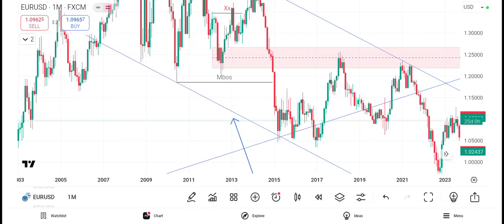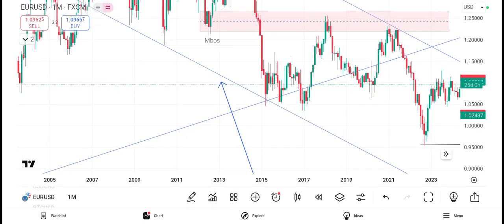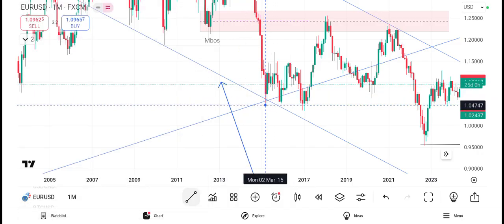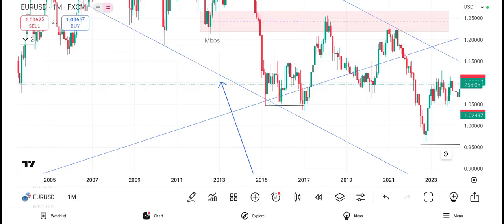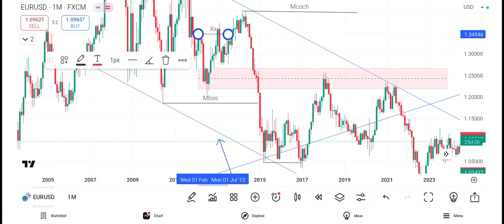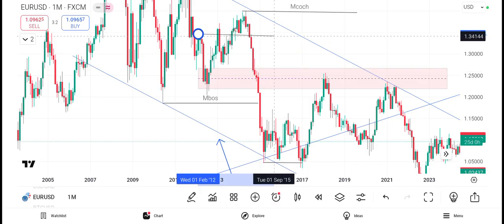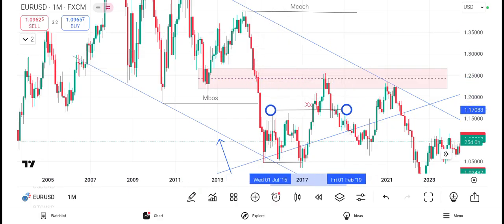Let me just show you the break. This was the low. Price swept immediately. Price swept here, so we should know that our next inducement point should be here.